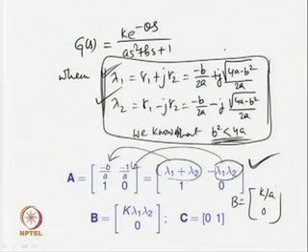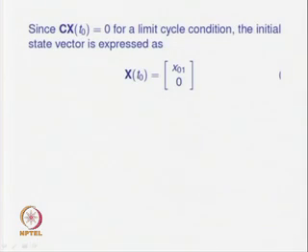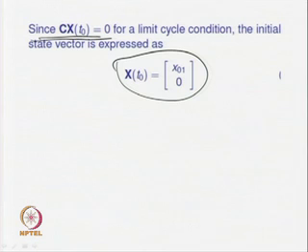Now, since C x(t0) has to be 0 for a limit cycle condition, that means to induce limit cycle for obtaining sustained oscillatory output, this condition has to be met. So, when C x(t0) equals 0, the initial state vector has to be given in some form as shown over here. Then x(t0) has to be given as x01, which is a non-zero value, with 0 element at the bottom. Why is that so?